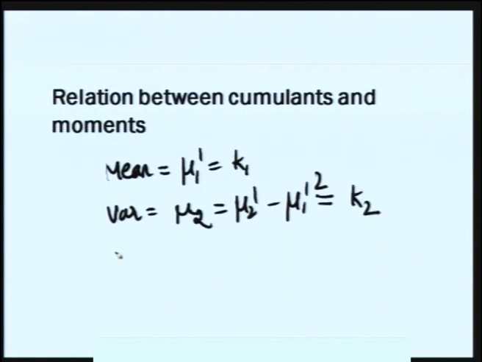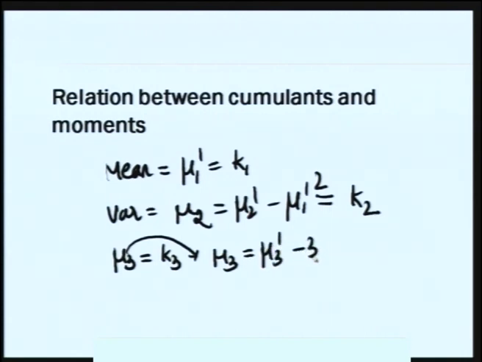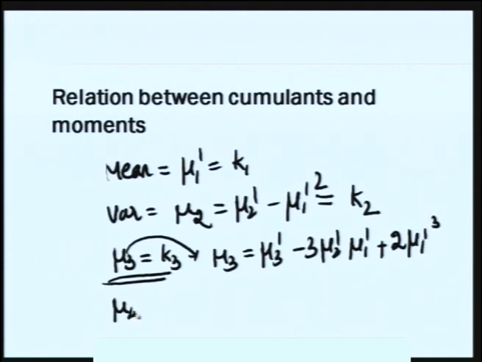And then we have the third central moment mu 3, mu 3 is equal to k 3. We know that mu 3 is equal to mu 3 dash minus 3 mu 2 dash mu 1 dash plus 2 mu 1 dash cube. So, mu 3 is equal to k 3, and mu 4 is equal to k 4 plus 3 k 2 square.